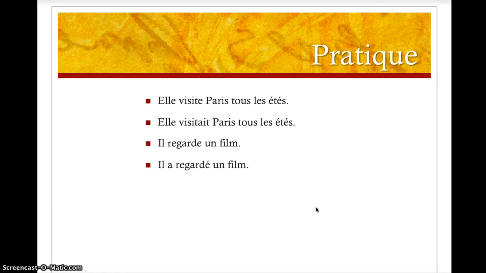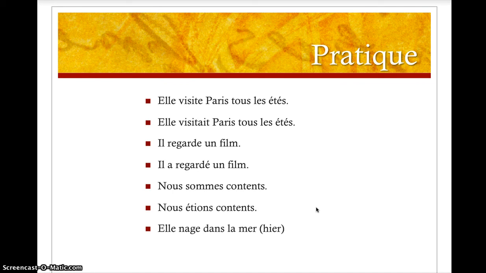Il a regardé un film. He watched a film. Nous sommes contents. We're happy. Nous étions contents. We were happy. Elle nage dans la mer. Hier is your clue. Hier, elle a nagé dans la mer.